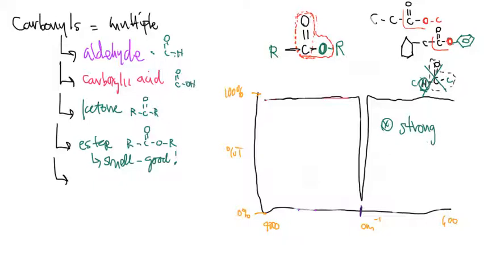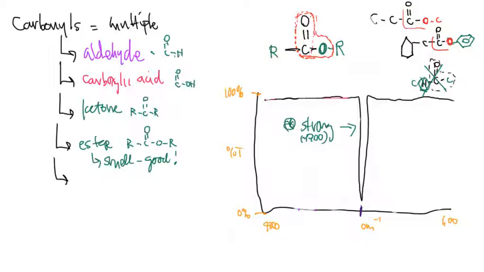And then I'm going to shift this word strong, and I'm just going to write it to the left-hand side because for the first time, we're going to be looking to the right-hand side of this instead of the left-hand side of it. So this has to be strong, and it has to be around 1700.